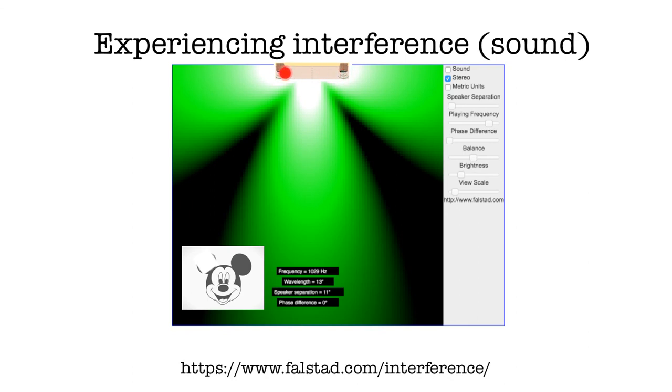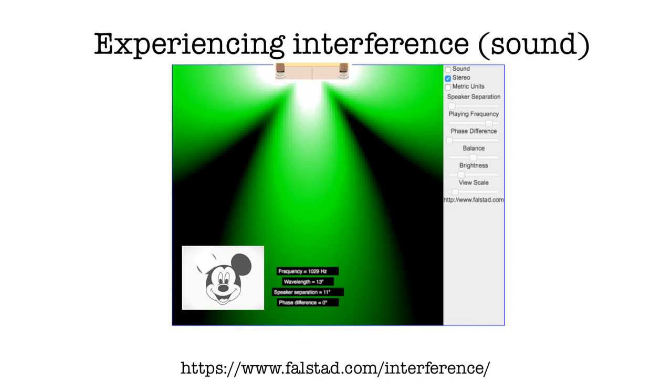And as you play the sound out of your speakers using this simulation, move your head side to side, okay? So that's Mickey moving this way and that way, and you'll go from a region of quiet to a region of high sound, high volume, to a region of quiet, and so on. What you're going to find is that this midline in between your two speakers on your laptop will be the loudest.